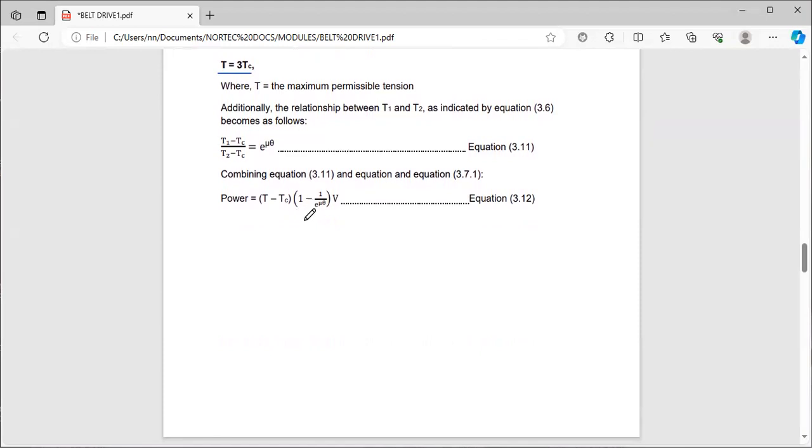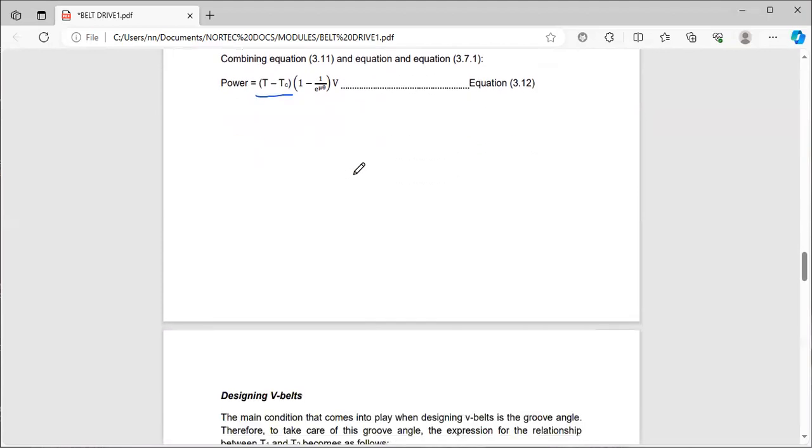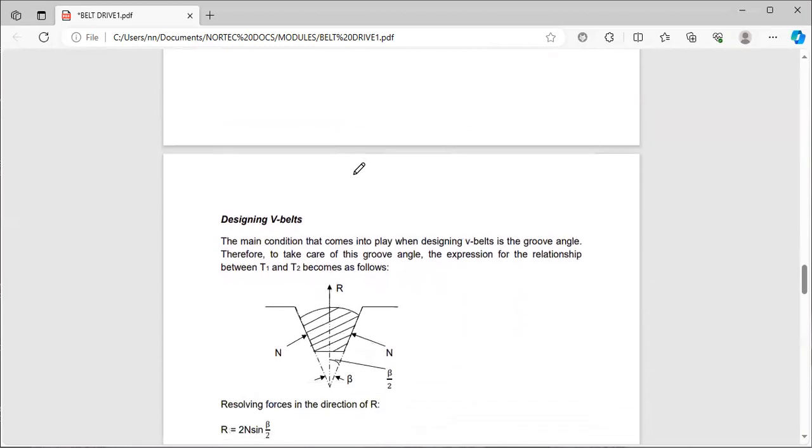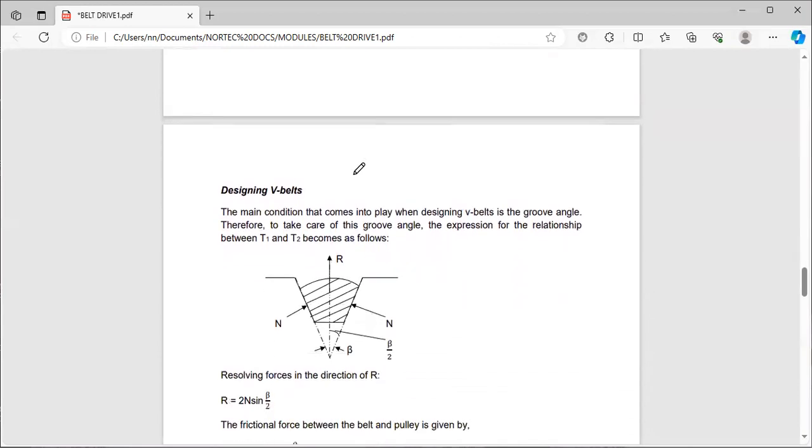But the shortcut is here. The T that we were provided with, take away Tc, then open brackets 1 minus 1 over e power mu theta, close the brackets, then you have the velocity. This gives you the power. Even before you find T1, you're able to find the power directly. The rest of the processes are the same.